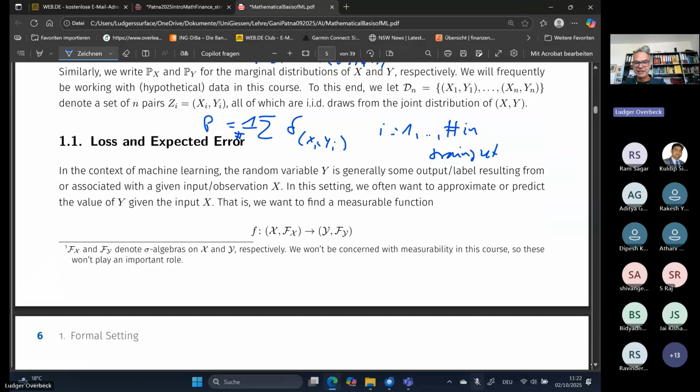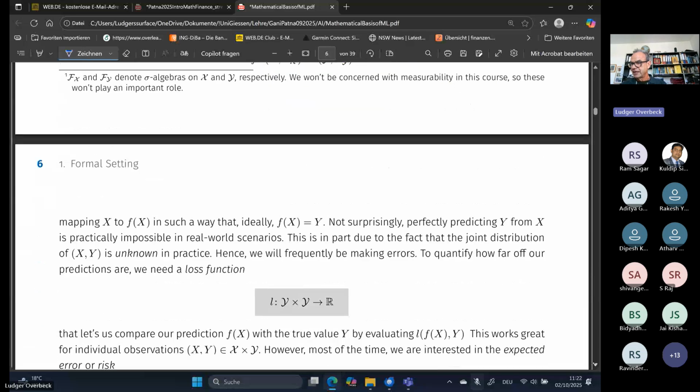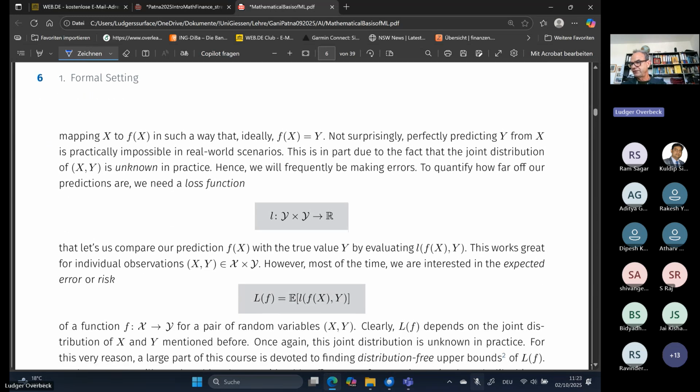So an f will be a classification function. It's just a measurable function, and you say, okay, we want to have f of x equals y, and as close as possible. But of course, we have a loss. The loss function is the expectation, so on average, how often you do a misclassification.